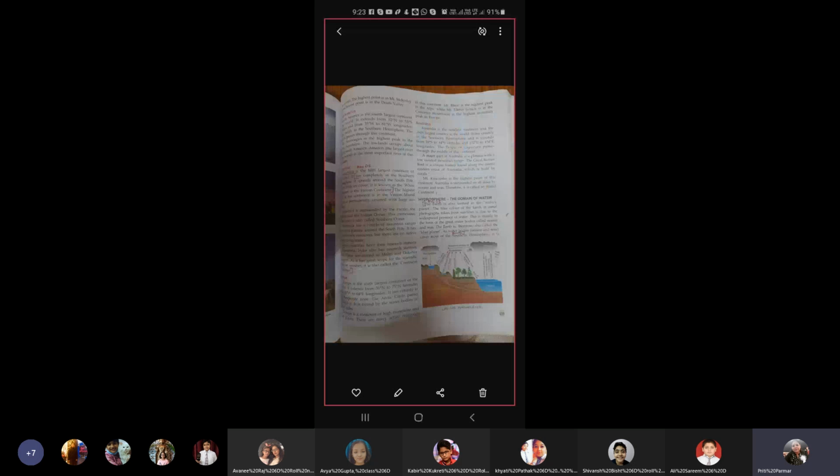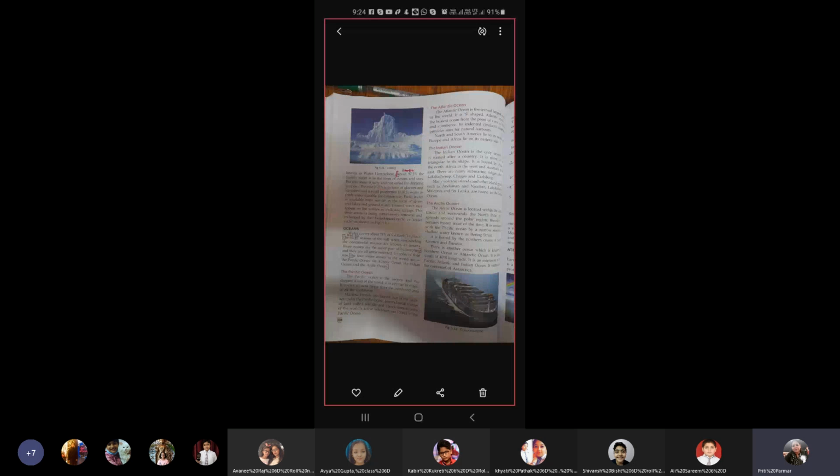There are huge oceans with salty water, and the four major ones among them are the Pacific, the Atlantic, the Indian Ocean, and the Arctic Ocean. And the fifth one, as in some books it is given, is the Southern Ocean, which we have already discussed, the area near the Antarctica.